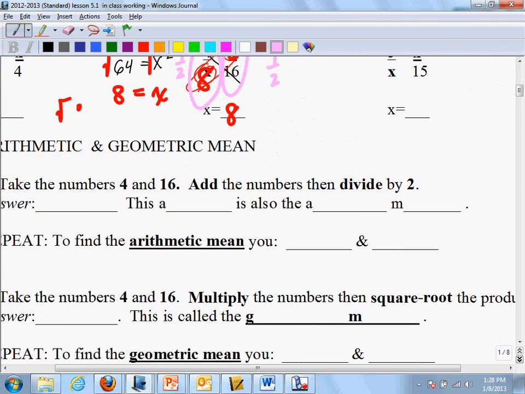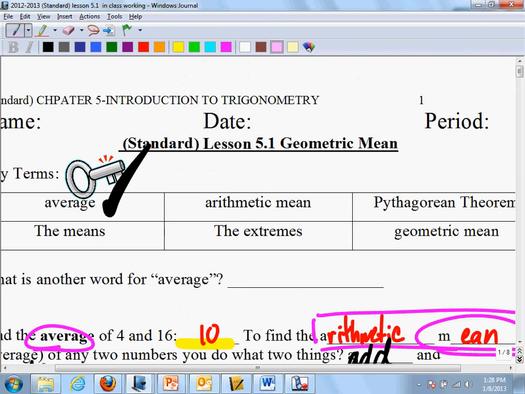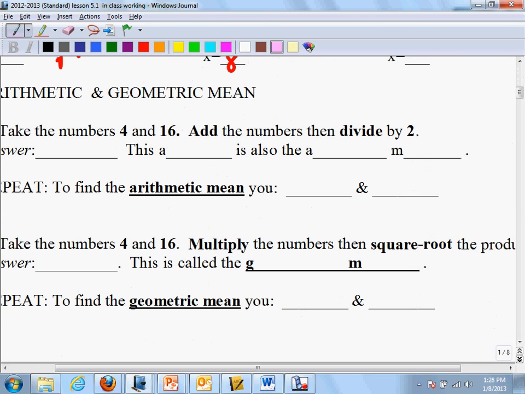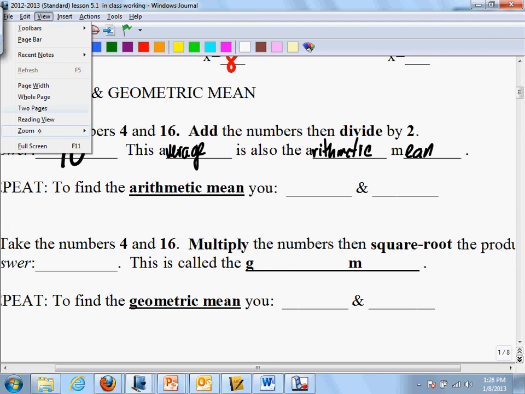In a moment, you're going to have to summarize this, so pay attention. If we take 4 and 16, we add and divide by 2, we got 10. This average, you should be writing this down, is also called the arithmetic mean.